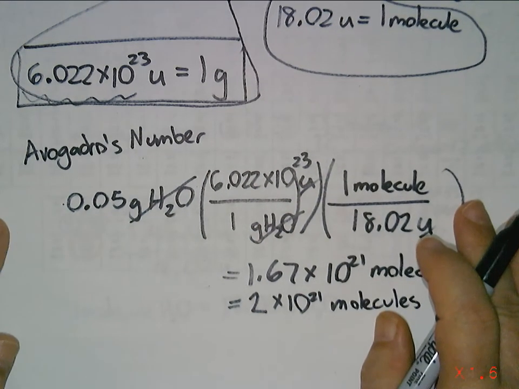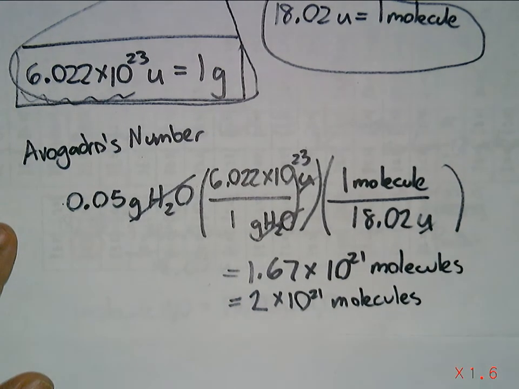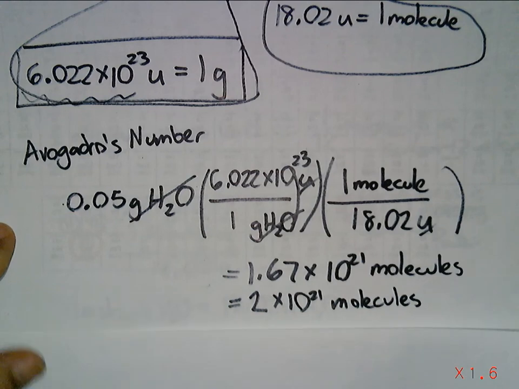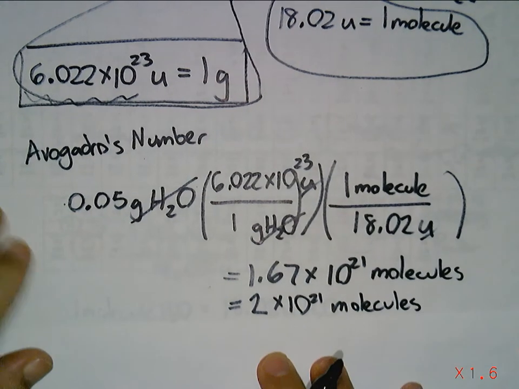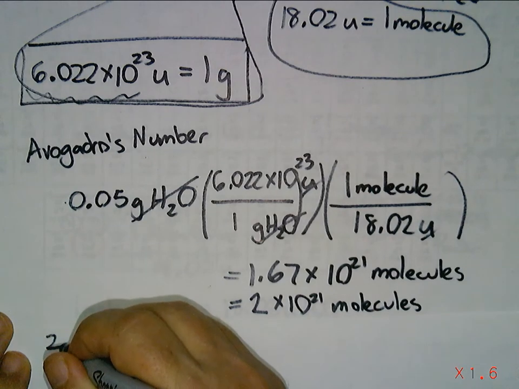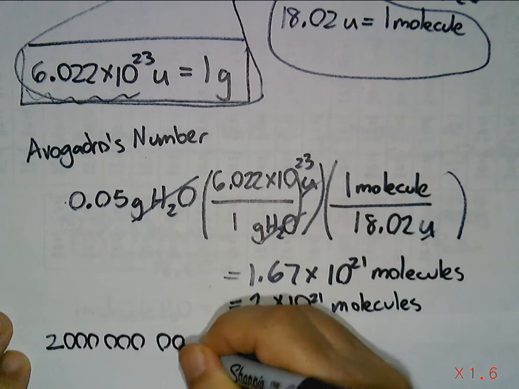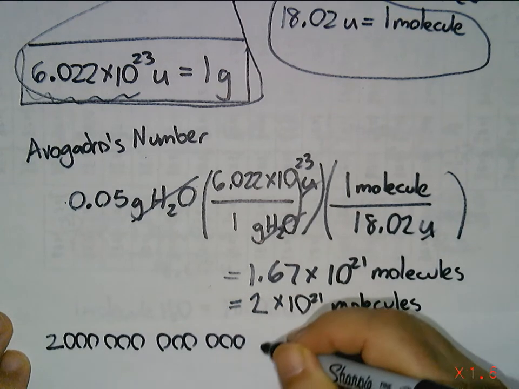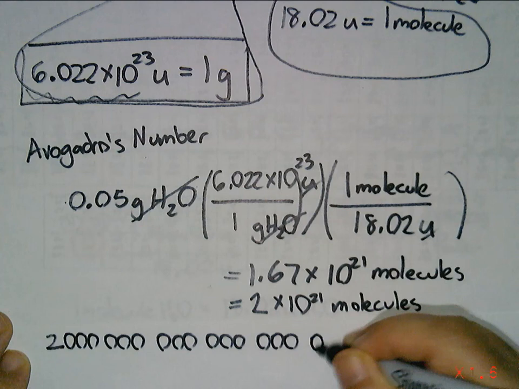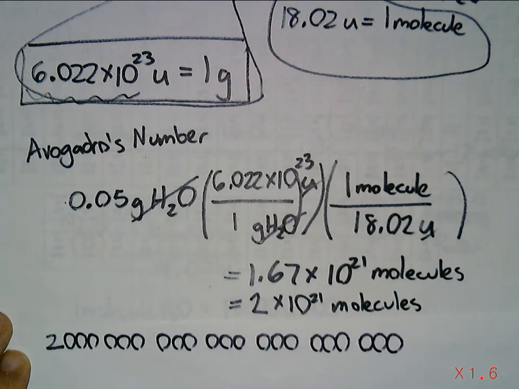If I were to write that number in scientific notation out as a decimal number, it's kind of ridiculous. It's a 2 with 21 zeros after it. That's a big number. That's a lot of molecules. So molecules are incredibly small.